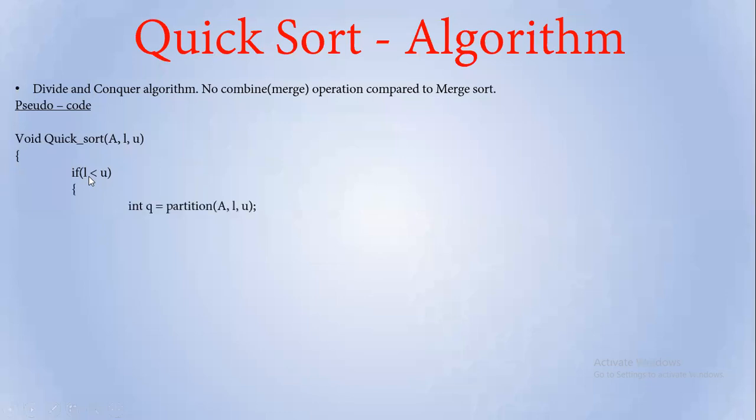So I told you the division operation is called partition. It is not only division, but also some kind of rearrangement takes place inside this partition function. The same arguments which were input to quicksort will be input into this partition function also: the input array, the left index, and the upper index.